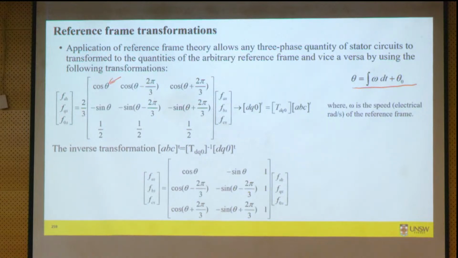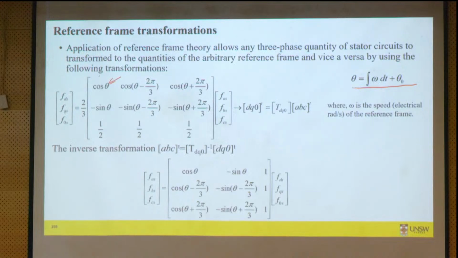In the stationary case, omega is 0 because it's not rotating, so theta becomes 0, and we get our stationary reference frame matrix, which becomes just numbers.